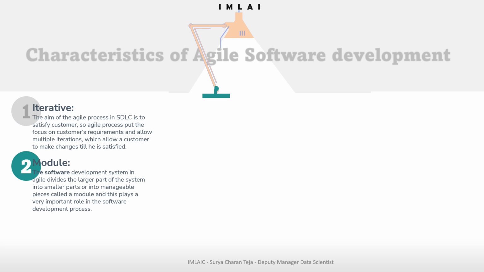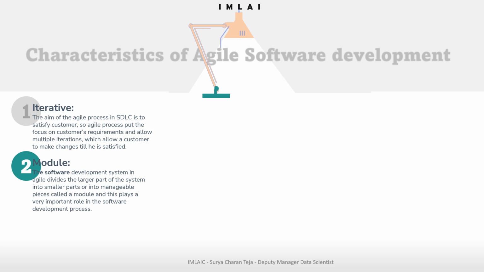And the second characteristic is modular. The software development system in agile divides the larger part. This is very important. It makes a huge difference in development. It will be very helpful even in troubleshooting, even during testing. If we face bugs, even that can be solved quite graciously because of this module concept.